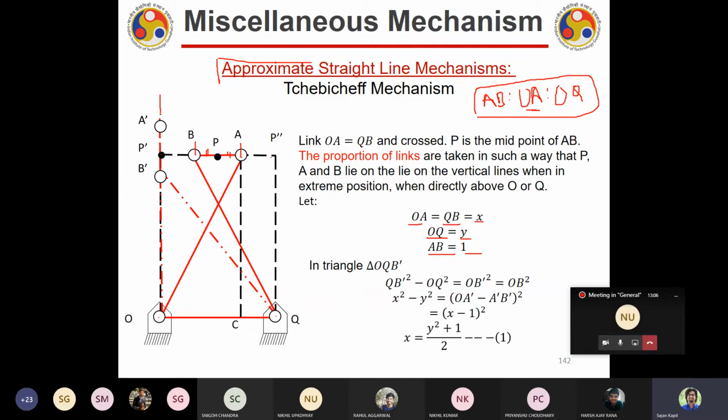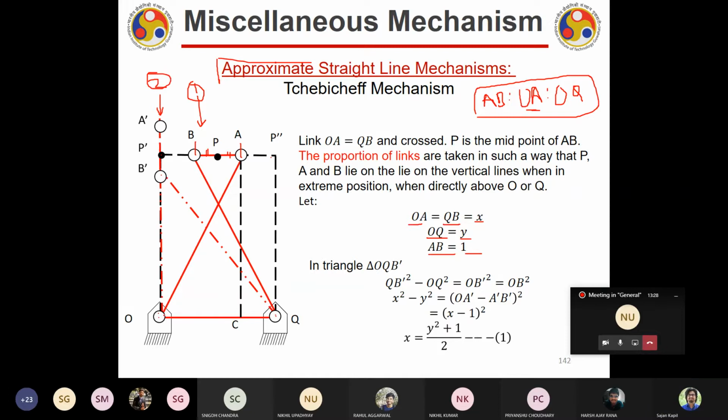Okay, so I have two extreme conditions. Condition 1 is this, and condition 2 is this. I need to find out geometrically what should be the ratio. It is very easy. Fine. Now let us consider triangle OQB dash. This particular triangle, this one.